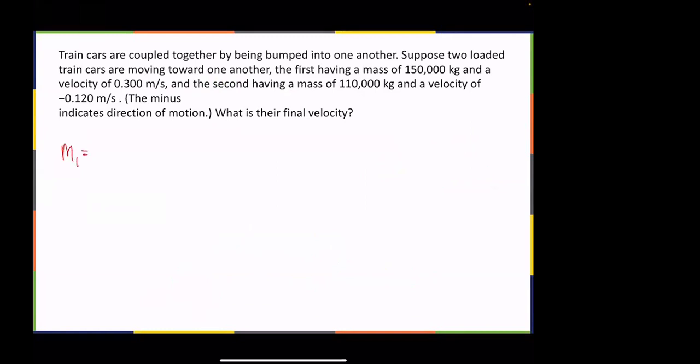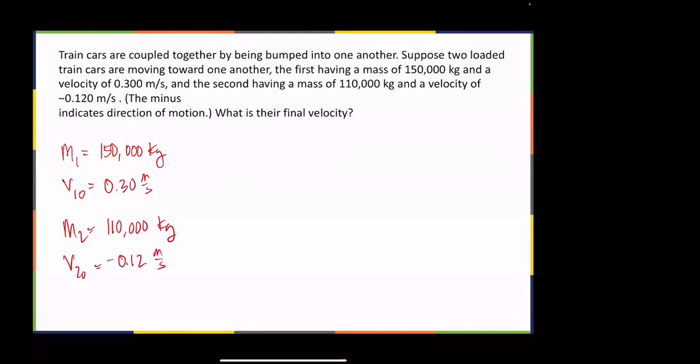So M1, V1 naught, M2, V2 naught, and our goal is the final velocity.